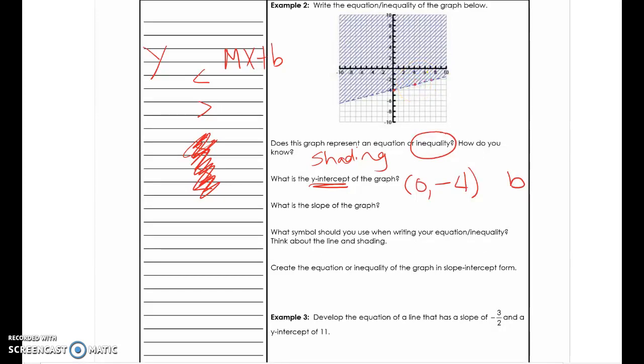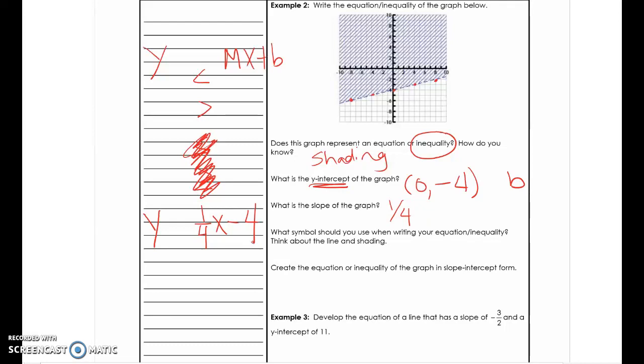Up 1 over 4 and I'm still on the line. I'm going to go the other way, down 1, left 4, still on the line, down 1, left 4, still on the line. I am rising from left to right, so the slope is positive 1/4. So we know that the equation is y is some relationship to positive 1/4 x minus 4.